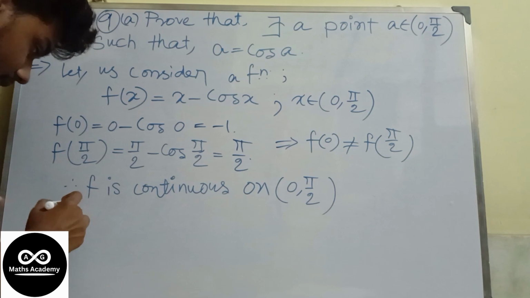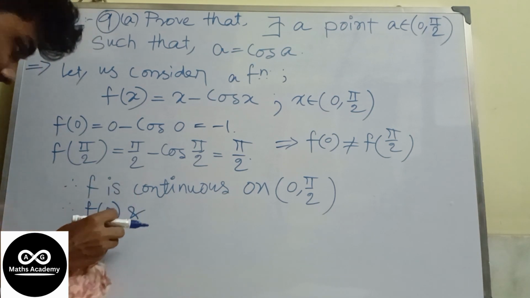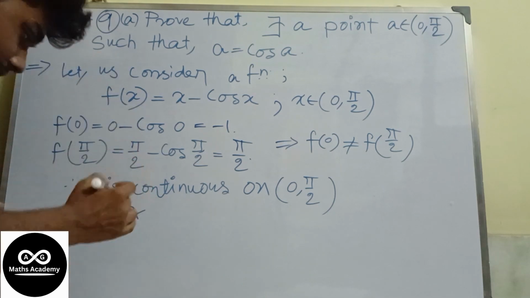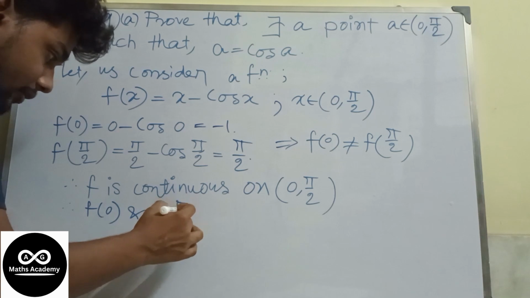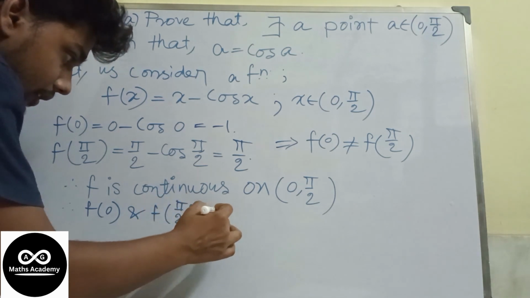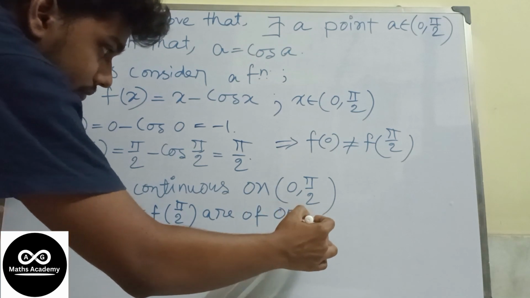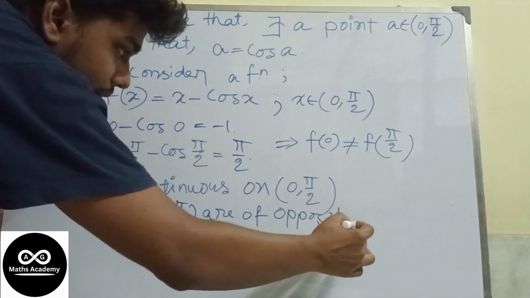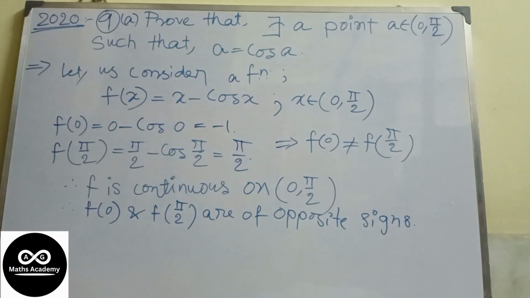So f(0) and f(pi by 2) are of opposite signs.